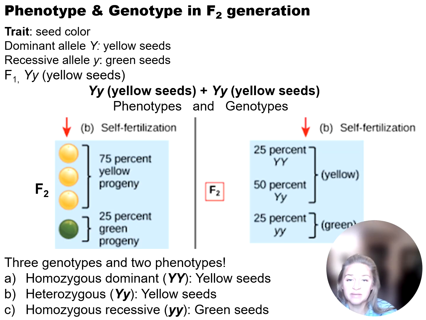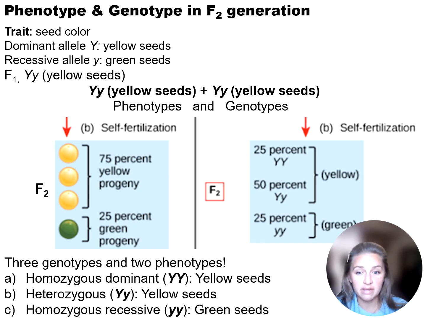So we'll see examples of each of these when we are doing the genetics lab. So this is another example. Now if we cross that F2 generation, if we cross two heterozygotes, if we cross big Y, little y with big Y, little y, we would end up seeing a genotype that would be 25% big Y, 50% big Y, little y, 25% little y.